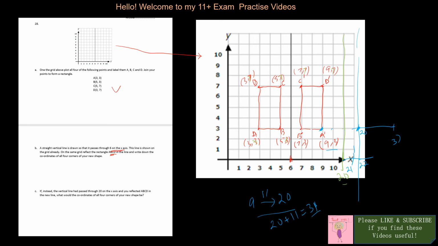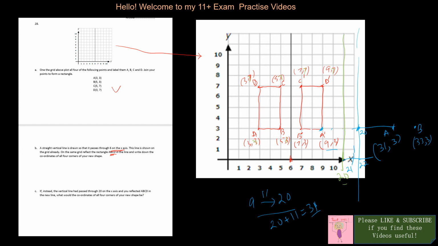So my first point, that is A, will be 31, 3. Then my B won't be 31, it will be 31 plus 2, 33, 3.